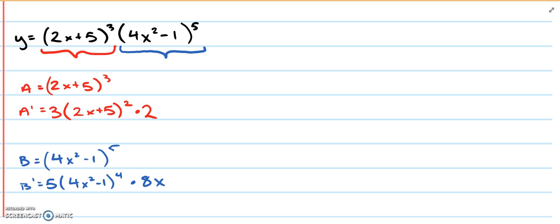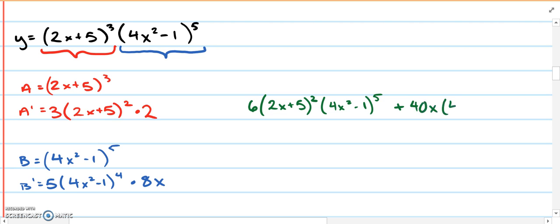A prime B plus B prime A. I'll take this 3 and the 2 in the A prime and multiply them together first. 6 times 2x plus 5 squared times 4x squared minus 1 to the fifth, plus, there's my A prime and B. Now I'm going to use B prime and A. 40x times 4x squared minus 1 to the fourth times 2x plus 5 to the third.